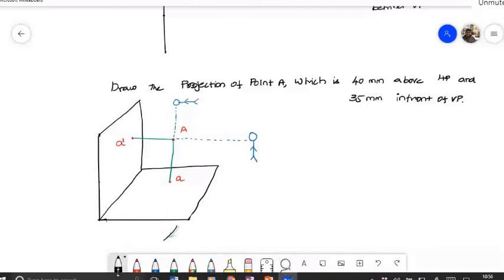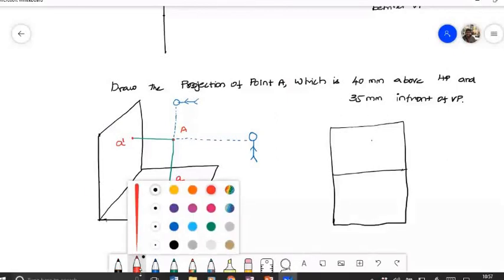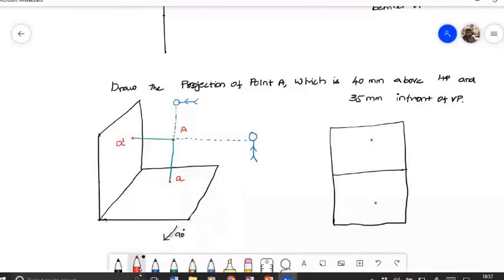If you rotate like this, you will get point A dash and A. I'll get point A dash here and A here.